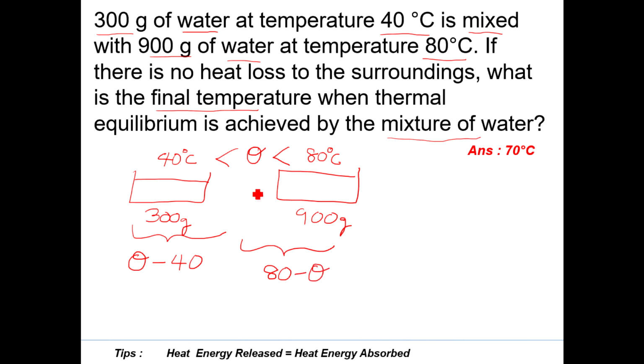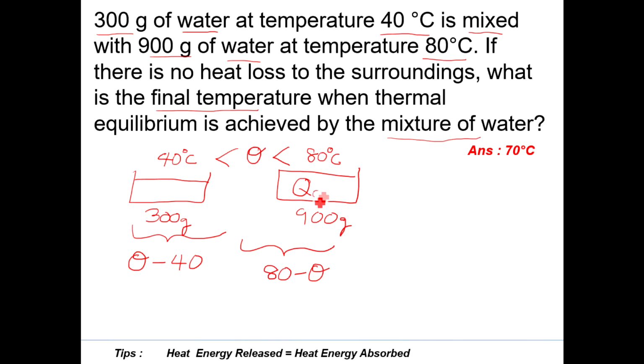Okay. So, another thing that you must remember is when we mix two liquids like this, it will involve heat energy released and absorbed. Which one will release heat energy? Yes, the one that has higher temperature. So that means the 900 gram water will release heat.